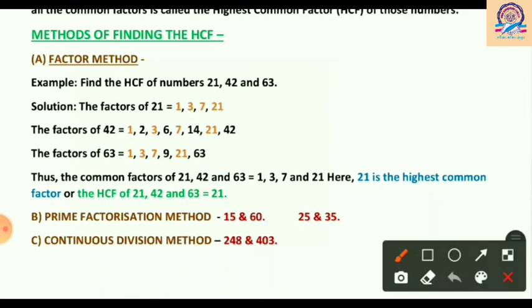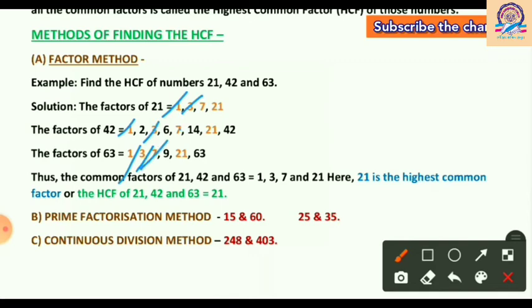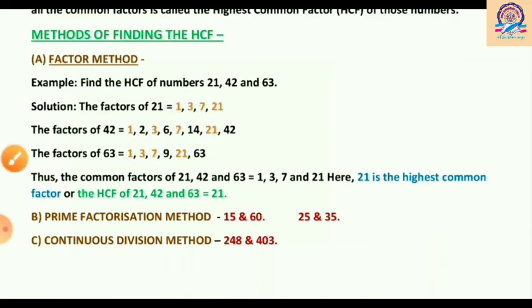So from all these factors we have to find the common factors, and the common factors I have colored. You can see in orange color the factors that are common. 1 is common, 3 is common for 21, 42 and 63. Next is 7 and the last one is 21. Okay, so you can see this. So among all these factors, which factor is the greatest or biggest?